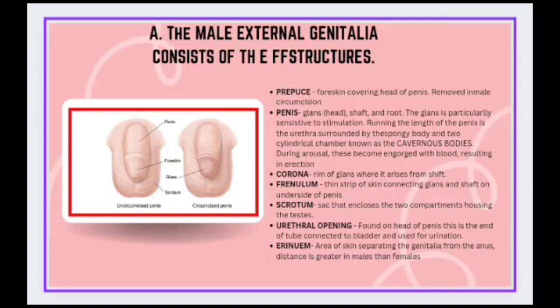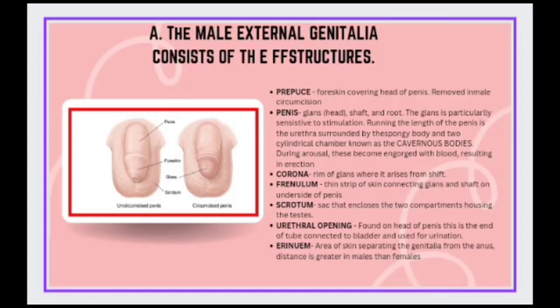Next is the corona, the rim of the glans. The next is the frenulum, a thin strip of skin connecting the glans and shaft on the underside of the penis. It looks like a small V just below the head. Usually part of it remains after circumcision.